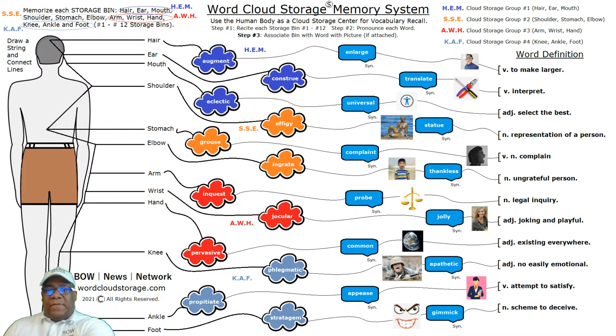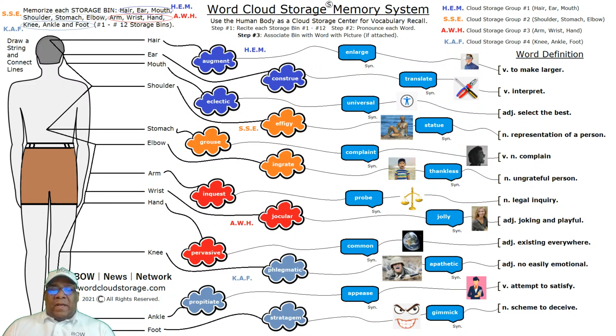And then we have effigy, and then we have grouse, which is attached to the stomach storage bin, and then we have ingrate in our orange group, and that's a statue, because effigy is statue, representation of a person. Grouse, growling, complaint, and then we have ingrate, which is a thankless child.